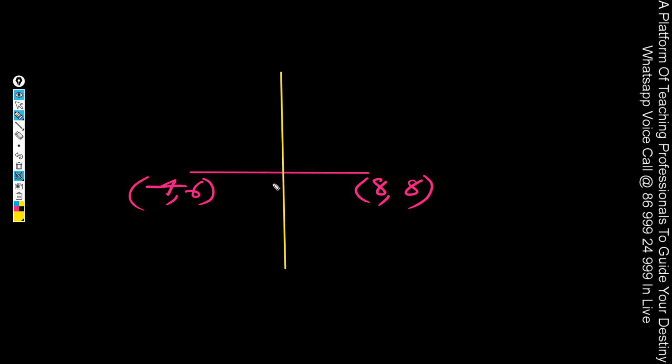What is the midpoint here? Let me write that. Midpoint is nothing but 2, 14. Okay. Now it is perpendicular. What is the slope? Let me name this as AB.